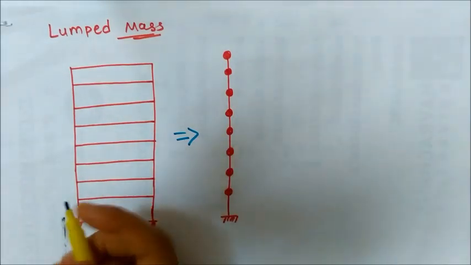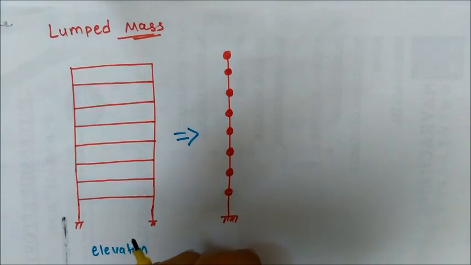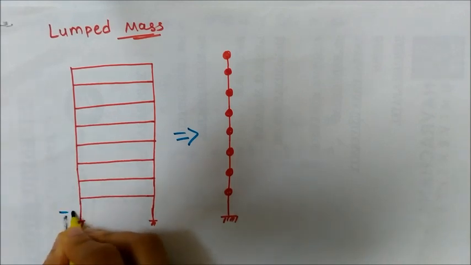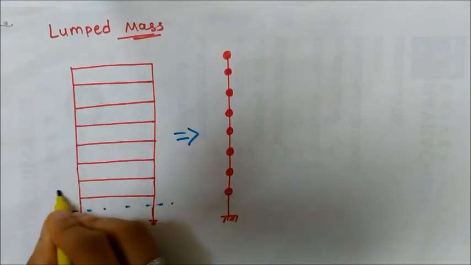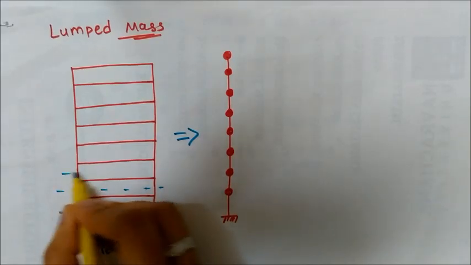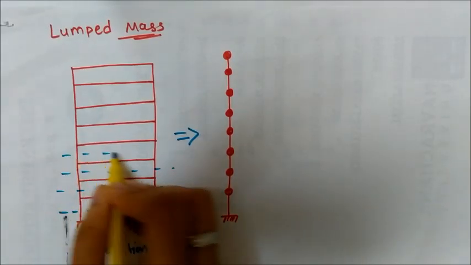And that's why we have to consider only half of the story from the upper side and from the bottom side for each and every floor. So for this I have considered only half of the story weight.